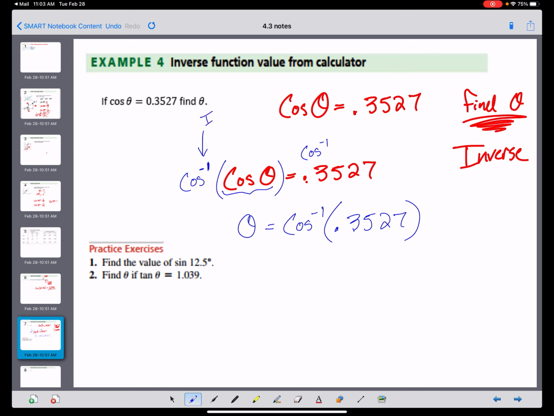This means inverse. And then you just put 0.3527, and that gives us our angle. It gave us 4 significant digits. We're going to give it the same, so 69.35. And we're talking about an angle. Our calculator's in degree mode, so I know it's in degrees. And that's our answer.